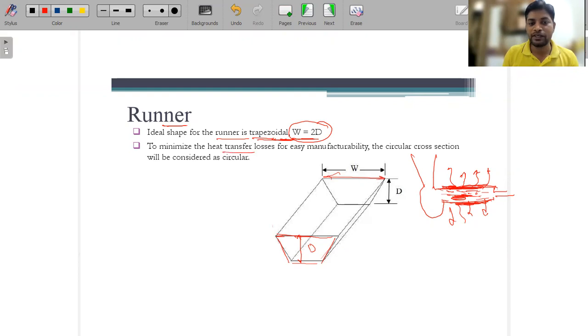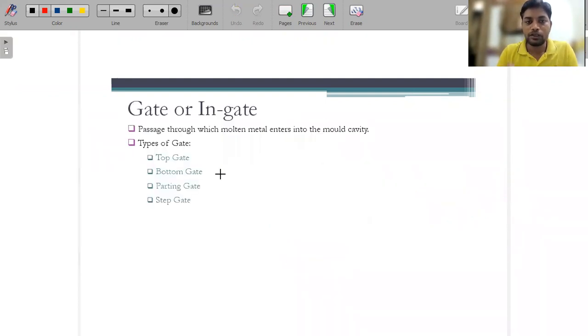To minimize heat transfer losses and for easy manufacturability, a circular cross section will be considered. So this is a simple design for the runner.